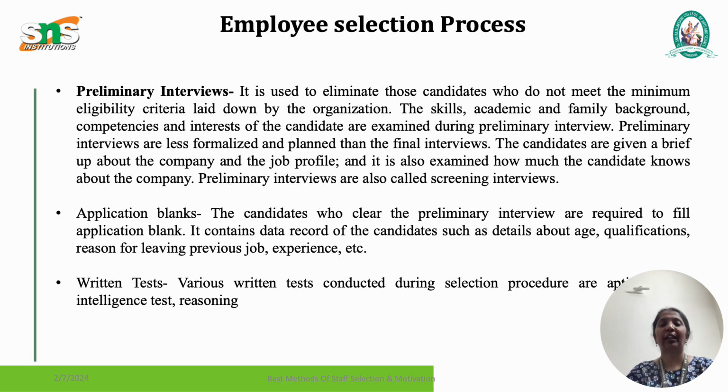So in which way can we select the employees? What are the selection procedures available? Number one, the preliminary interview. This is the main thing to shortlist the majority of candidates, because we want the right person, so we have to set eligibility criteria: the skill, academic background, family background, and the area of interest.